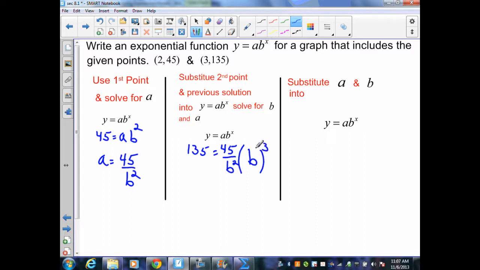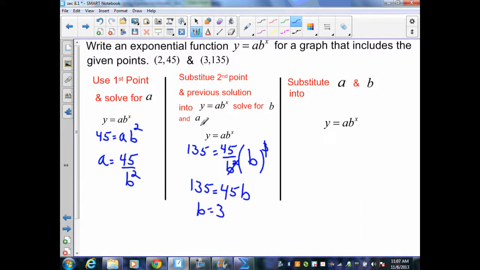Now I want to solve, so that gives me 135 equals, my b squared cancels with b cubed, just leaves me 45b. Therefore, b is equal to 3.